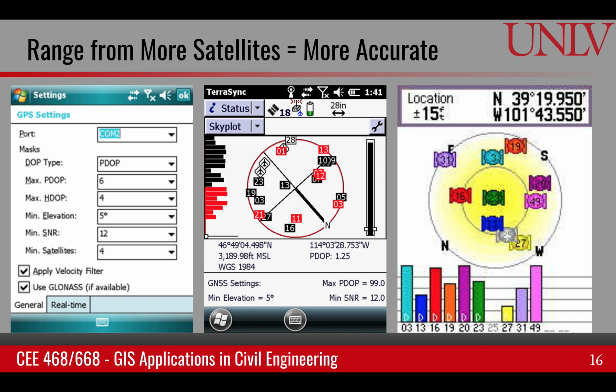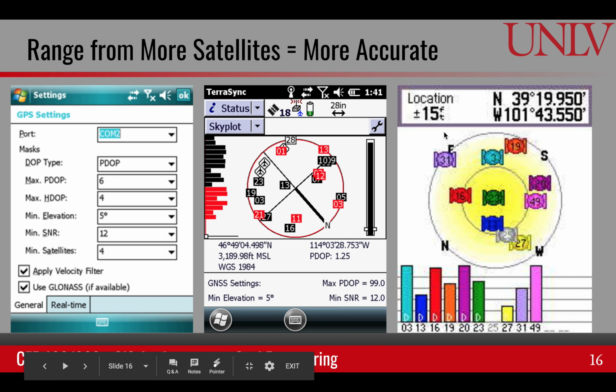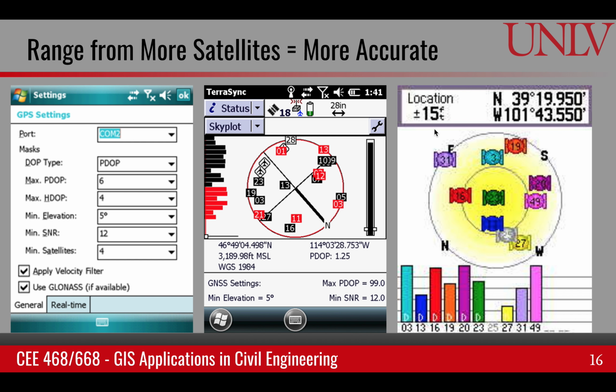So it is important for us to know the accuracy, because that means what is our position on the ground plus minus a certain number of feet or meters.